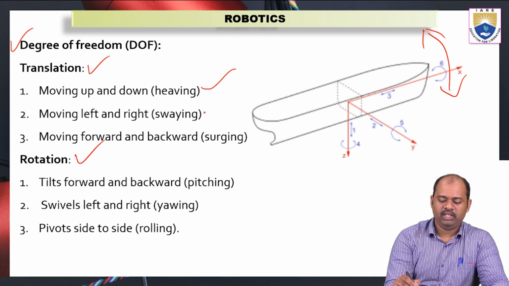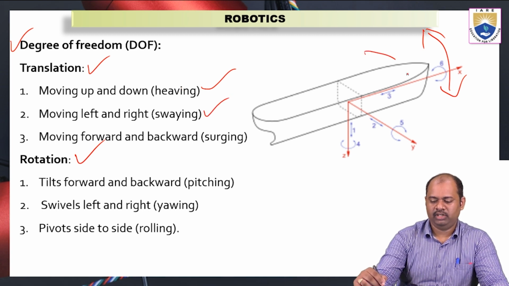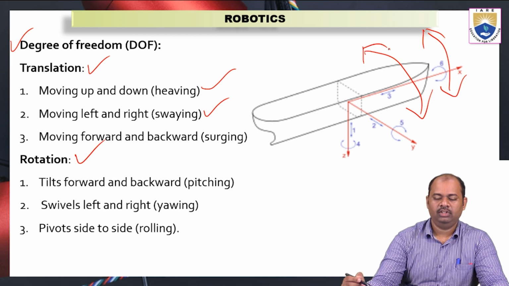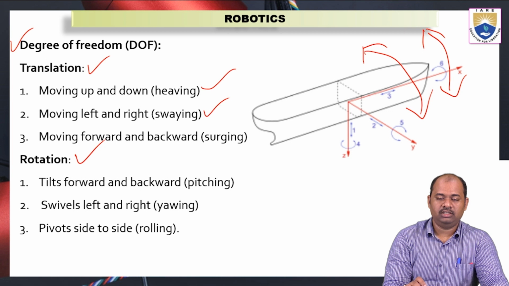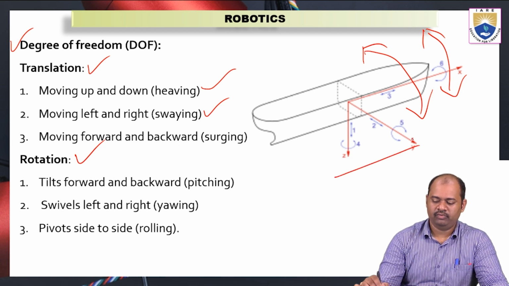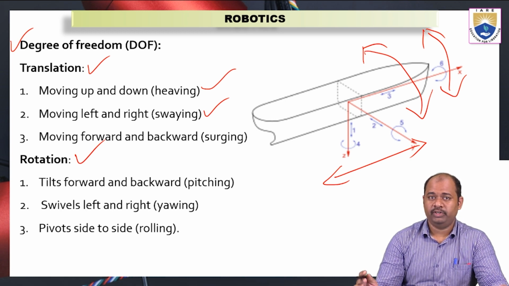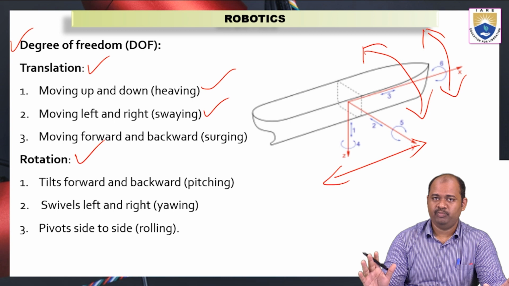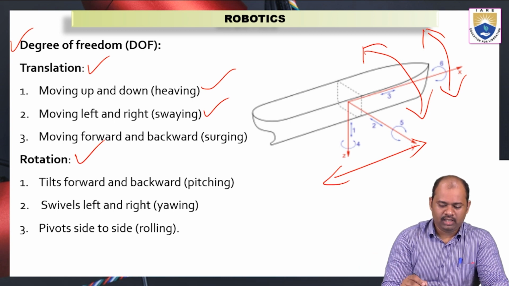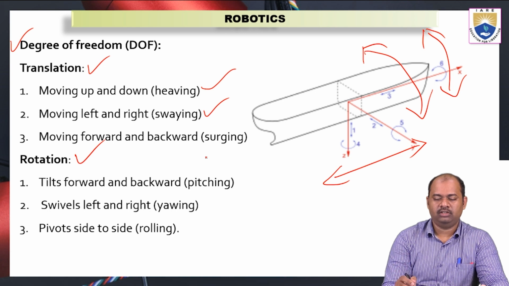The second one is moving left and right, which is called swaying. And the third one is moving forward and backward. All these are translatory motions. We don't have any rotation; they are simply linear motions. Moving forward and backward is called surging.